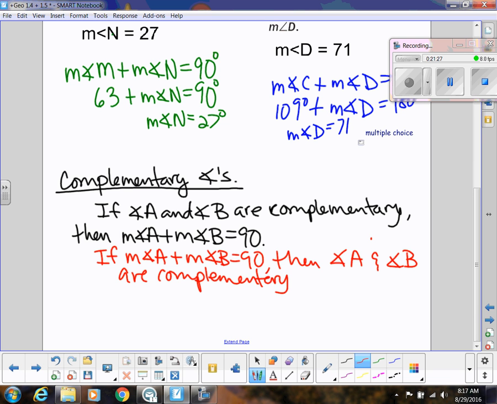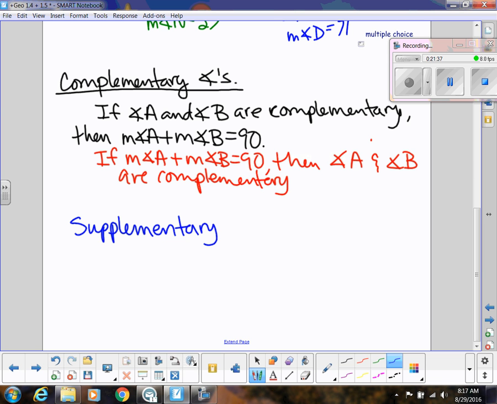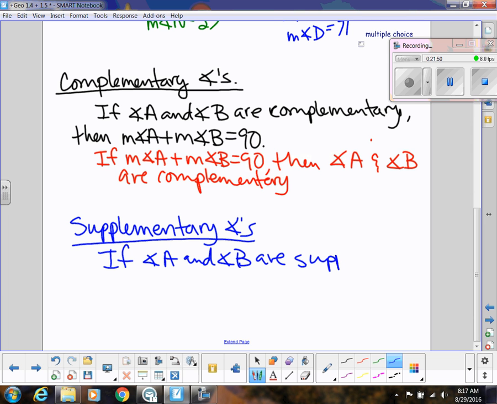So our supplementary card is going to look very similar. So for supplementary angles, it's going to say if angle A and angle B are supplementary, then the measure of angle A plus the measure of angle B equals 180.